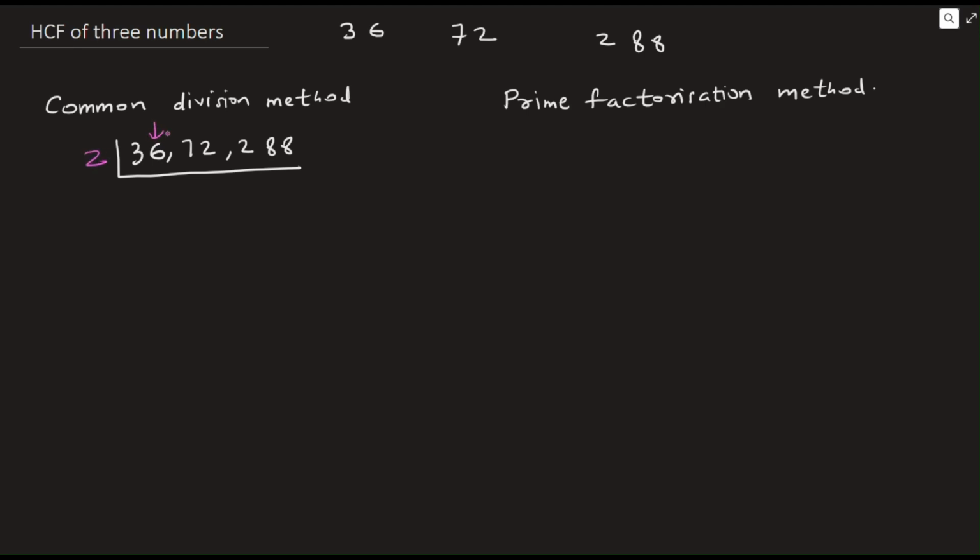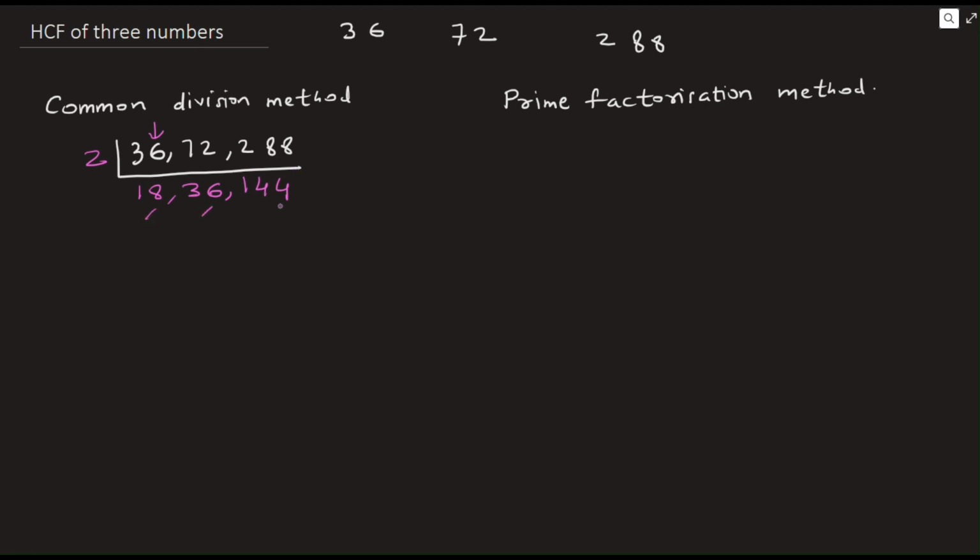Since 6 is at the units place, it divides 36. 2 is at the units place of 72, so 2 divides 72, and 288 also has an even number at the units place. So again 2 divides 288. 2 times 18 equals 36. 2 times 36 equals 72, and 2 times 144 equals 288.